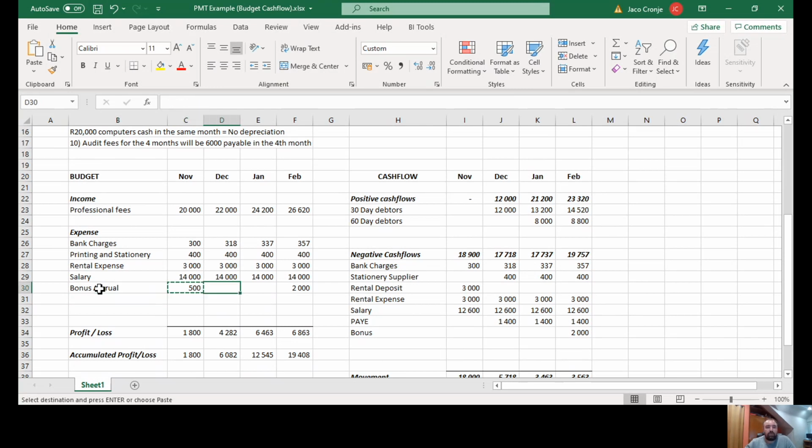So every month we're going to show an expense of 500 Rand, 500 Rand, 500 Rand, which equals 2,000. But on a cash flow, on my physical bank statement, I'm only going to show the 2,000 Rand in February, because the full 2,000 Rand will be paid out in February.